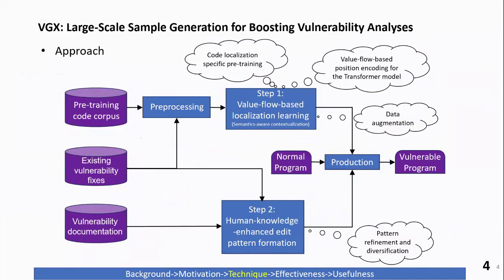So we also have some other pre-training objectives. We have three pre-training objectives to help the model learn localization. Another pre-training objective we use is using the AST to predict the code. Basically, I have a bunch of ASTs and a bunch of code, and I ask which AST corresponds to which code.